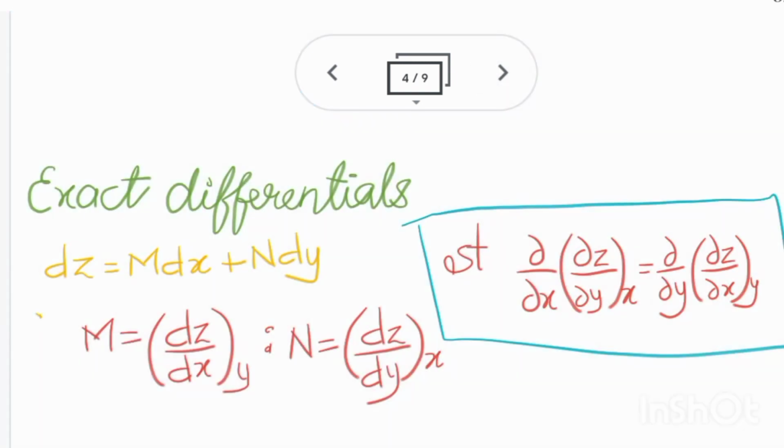So let me consider that one of these equations is taken to derive. But before that, we should know that all these equations shown before are actually exact differentials.